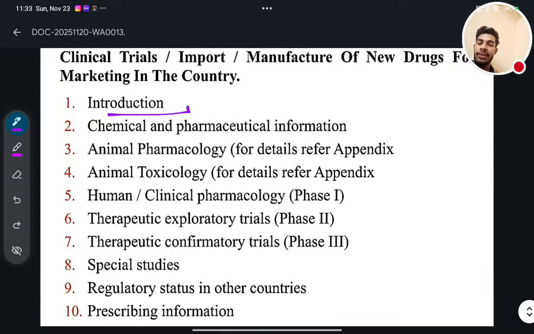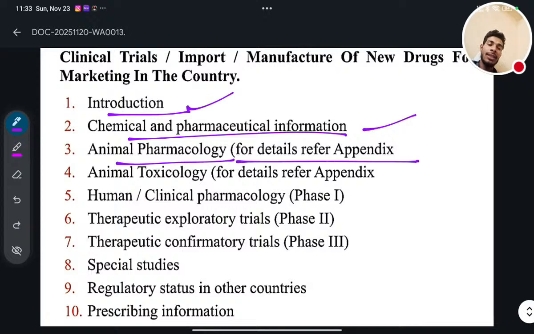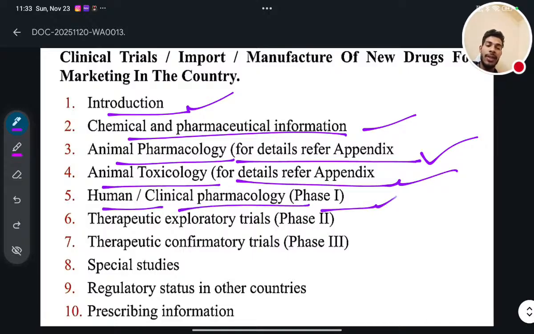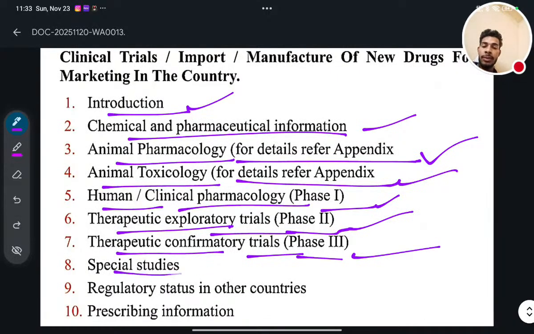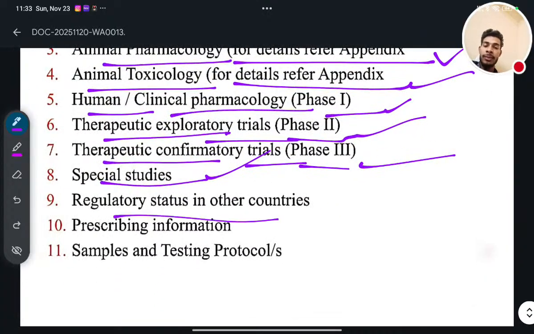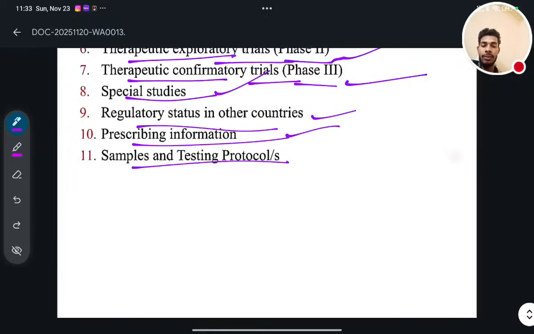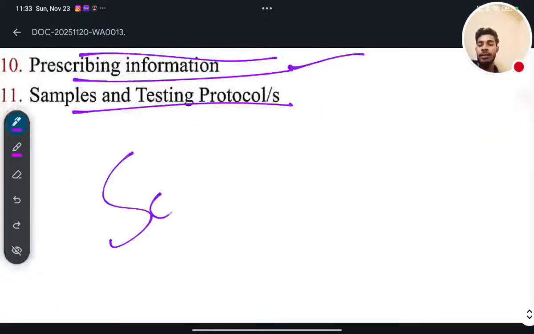In that you will see introduction, chemical and pharmaceutical information, animal pharmacology, for the detail refer appendix, animal toxicology, for the detail refer appendix, human and clinical pharmacology phase 1, human and clinical exploratory trial phase 2 report, therapeutic confirmatory trial phase 3 report, special studies report. Along with that you have to submit regulatory status in other countries, prescribing information report, and sample and testing protocols reports.